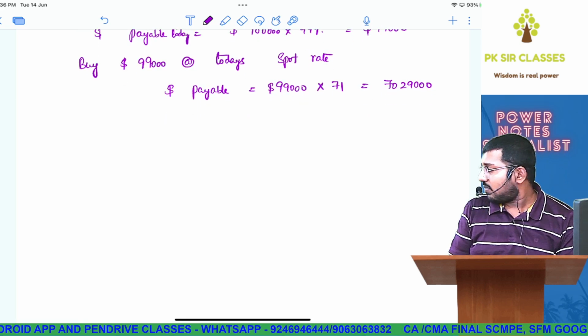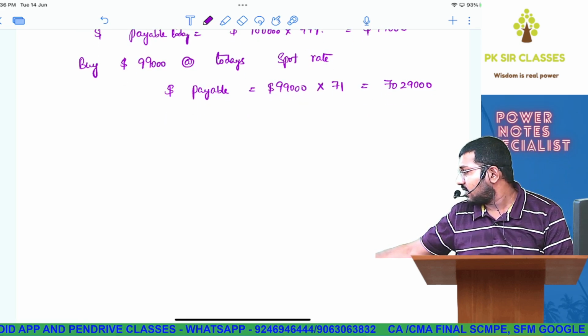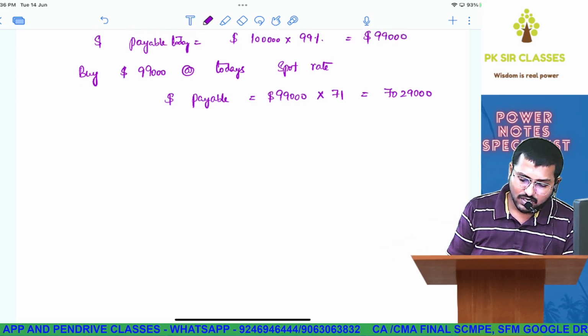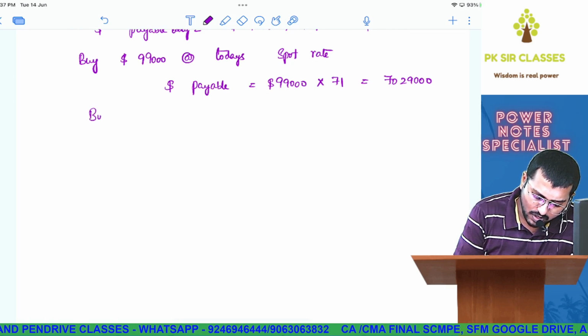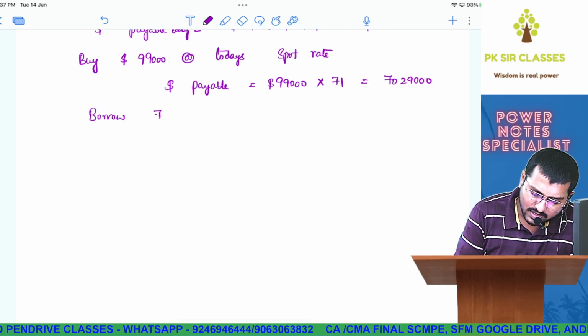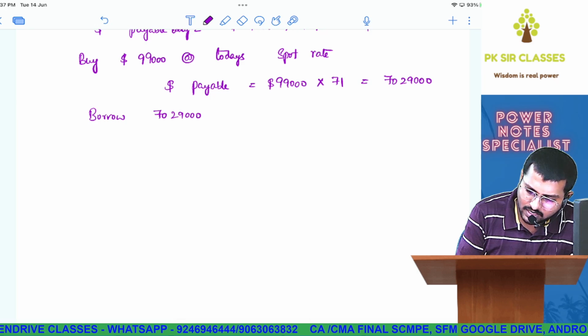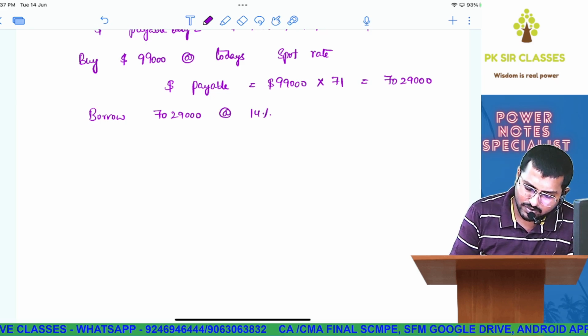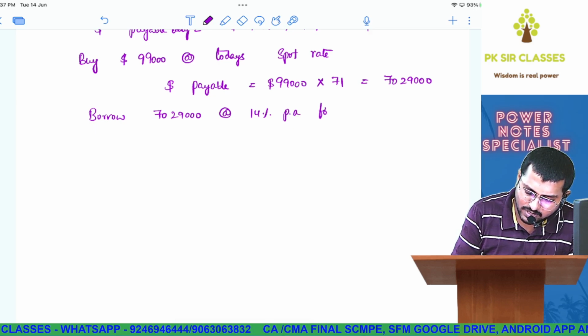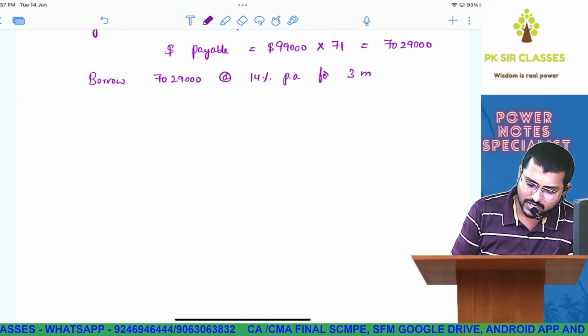But then there is a problem. If you have to pay today itself, we don't have money. We need to borrow and then we have to pay, correct? So we need to borrow 70 lakh 29,000 at what interest in India? 14 percent per annum, but we're going to borrow only for 3 months. 14% per annum is 7% for 6 months, and for 3 months it is half of 7, so 3.5%, 1.035.